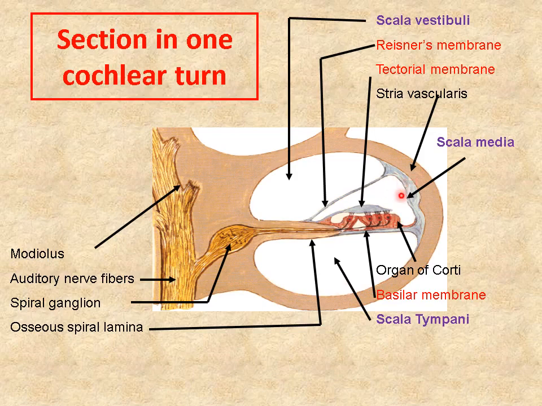The scala media is filled with endolymph, and this is the stria vascularis, which produces the endolymph. So the production of the endolymph comes from the stria vascularis, and its drainage, if you remember earlier, we mentioned the endolymphatic duct and sac. The endolymphatic duct and sac are responsible for the drainage of the endolymph.